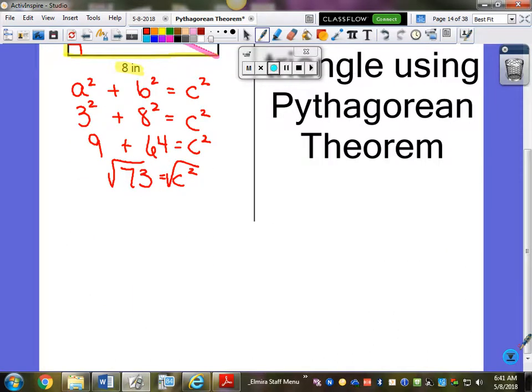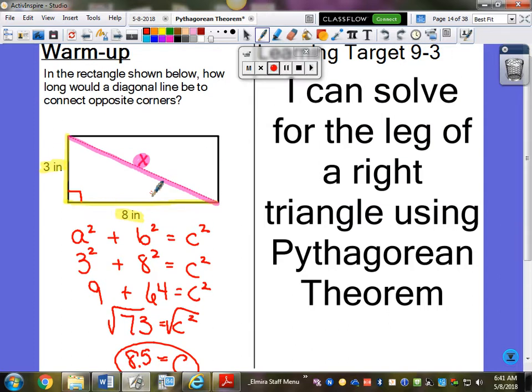And the square root of 73, not something I'm going to do in my head. We need a calculator. C equals 8.5. If I go back to the diagram, then I know that this is 8.5.